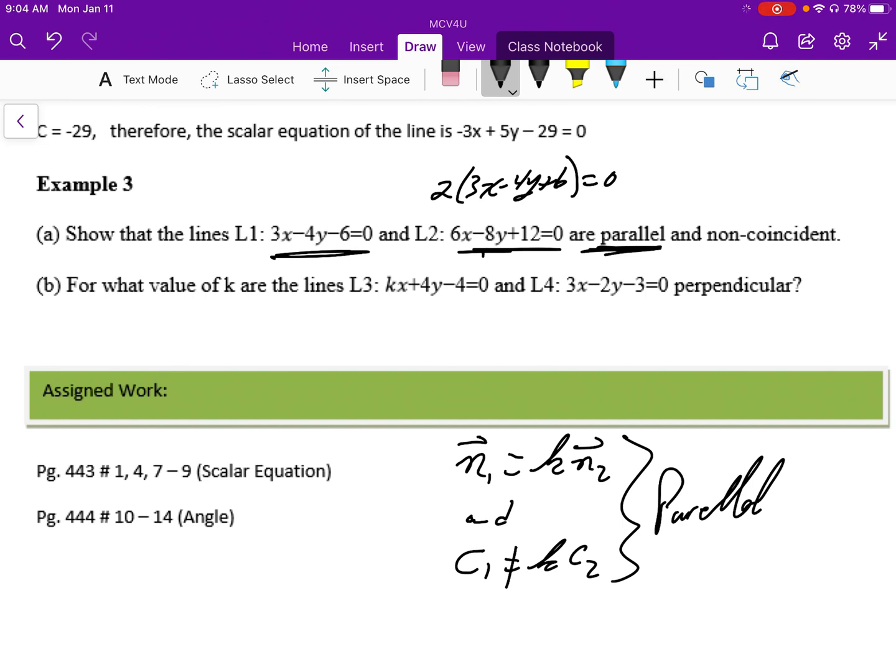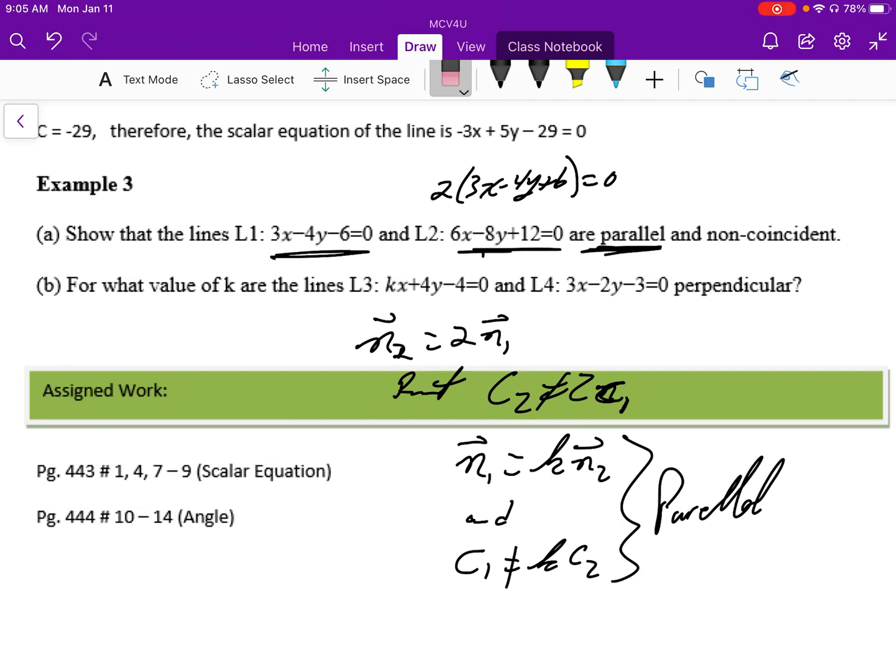You can see that n2 is just 2 times n1, but C2 is not 2 times C1. That's how you prove the first one: they're parallel, non-coincident, meaning they're not the same line.